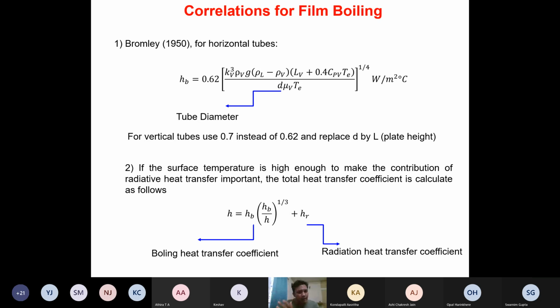So in such cases, even film boiling takes place. The correlation for film boiling is given here by Bromley. Again, as I said, in the film boiling regime radiation also starts dominating, and therefore one has to account for both radiation as well as the heat transfer corresponding to boiling. This can be accounted for using this particular equation. So these are the correlations which we have seen.